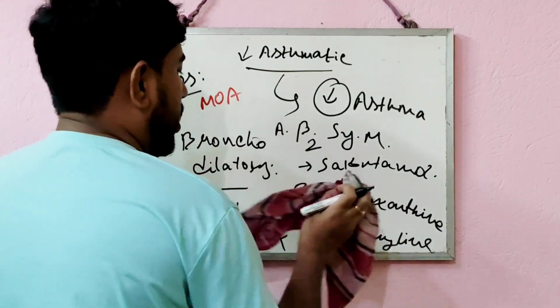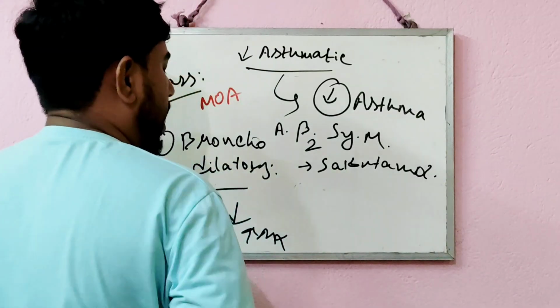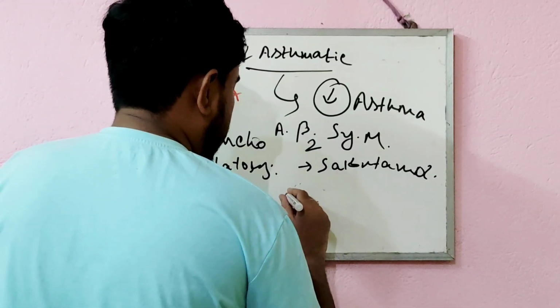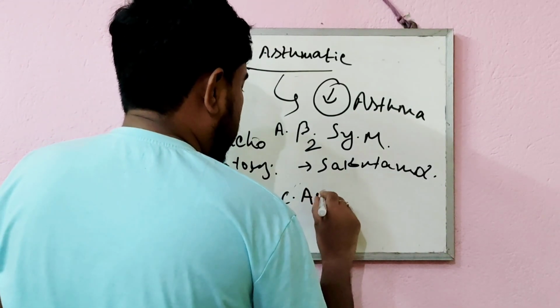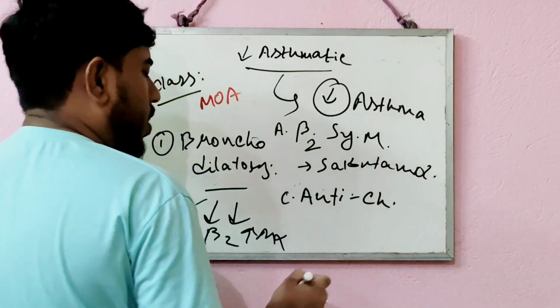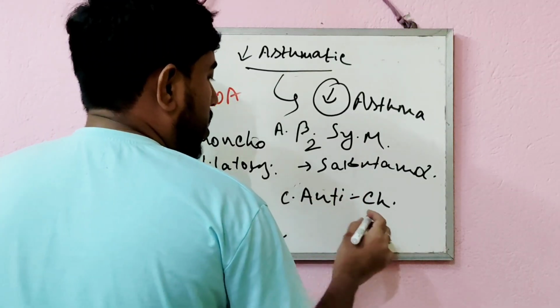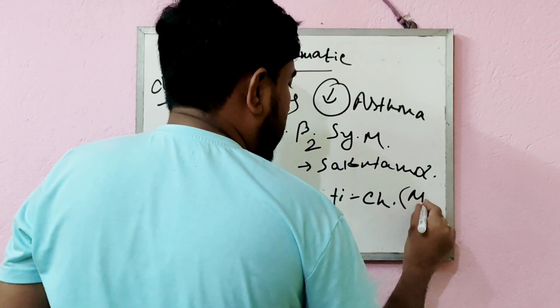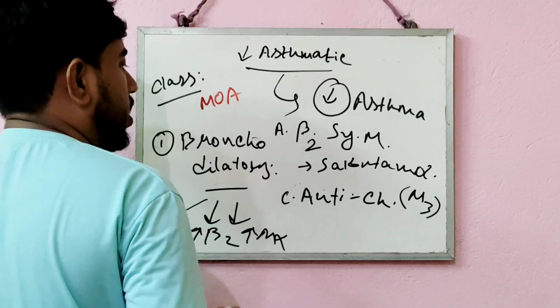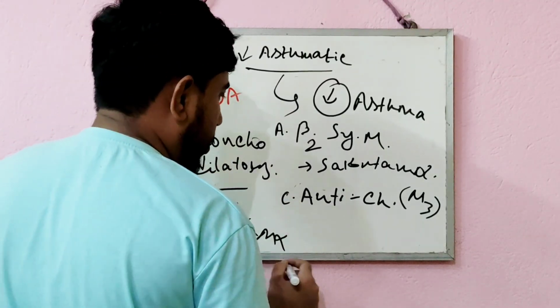And the third subclass of bronchodilators as anti-asthmatic drugs is anticholinergic drugs, which I also discussed in previous classes. In this case, anticholinergic drugs, especially M3 receptor blockers, are generally used as anti-asthmatic drugs to treat or overcome asthma.